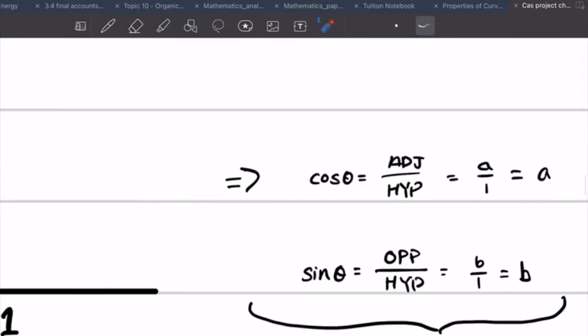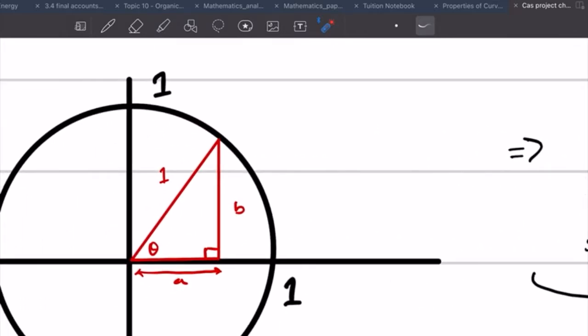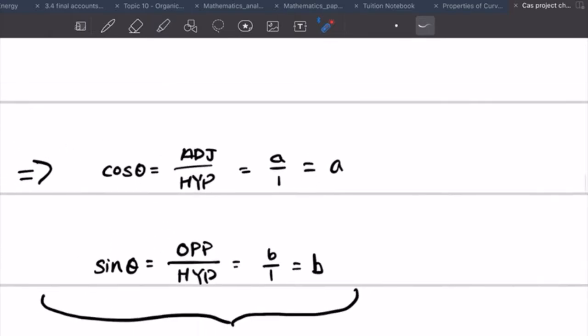This means that a is the x-axis, so for any x coordinate of a unit circle, that's going to be cosine. Then we can do the same for sine, which is opposite over hypotenuse, which is b over 1, which is b.